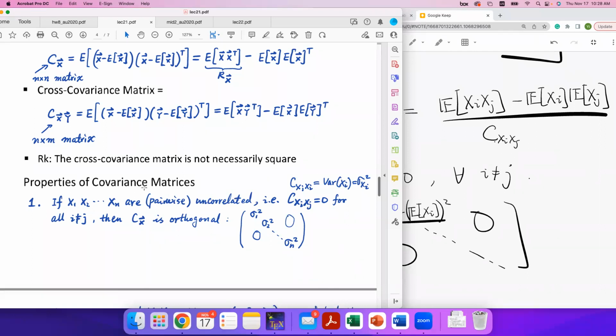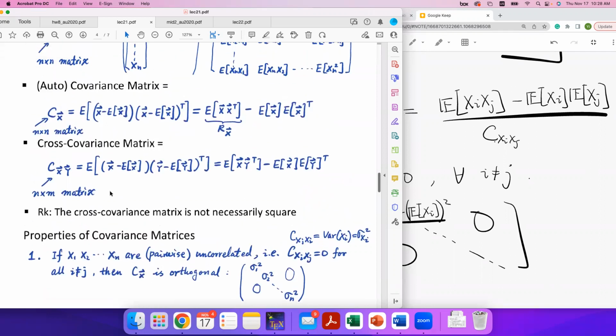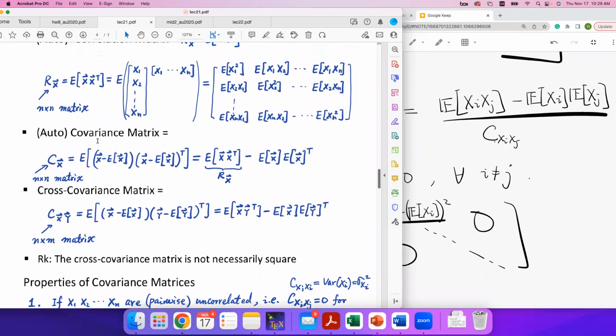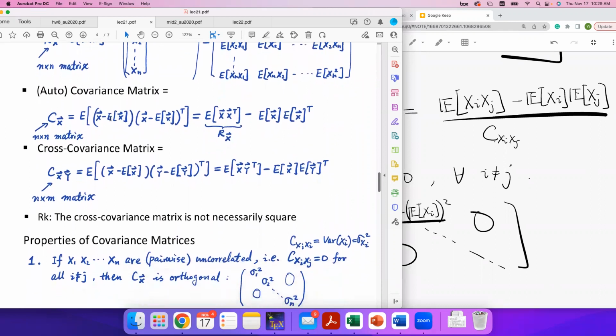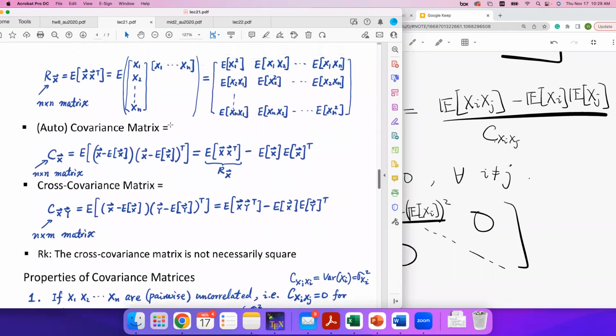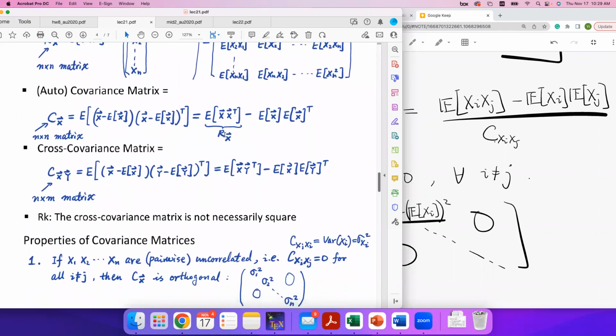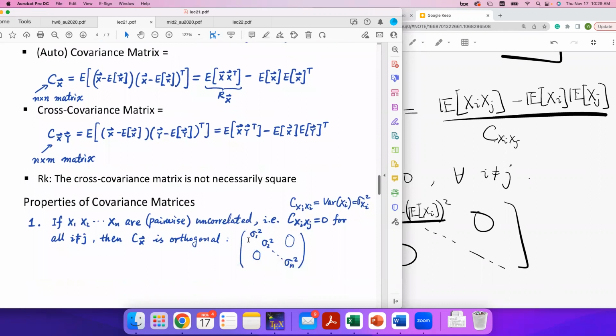Right. So basically, if these random variables in the random vector x are pairwise uncorrelated, then naturally this autocovariance matrix can be much simplified. Most of the covariances are 0, so they are uncorrelated.